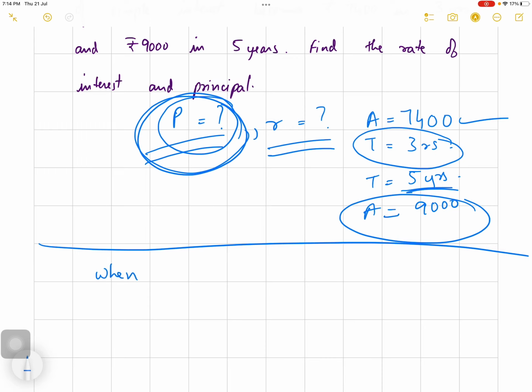When T is equal to 3 years, A is equal to 7400. When T is equal to 5 years, A is equal to 9,000.